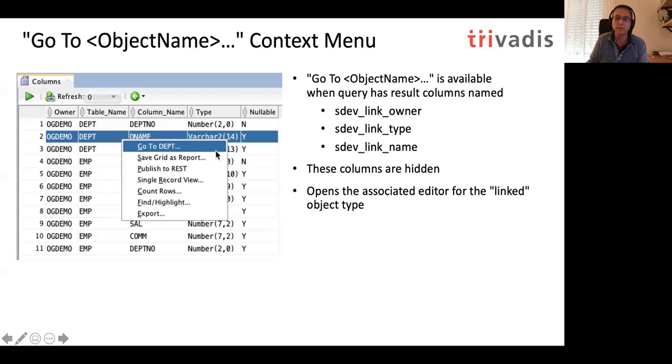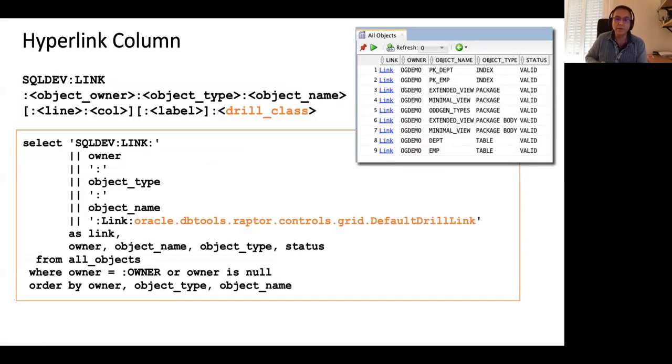As soon as SQL Developer sees that in the report, they will be hidden, and it will create for you such a go-to entry in the context menu. That's nice. Another option very similar to the go-to menu are hyperlink columns. They are similar but not identical.